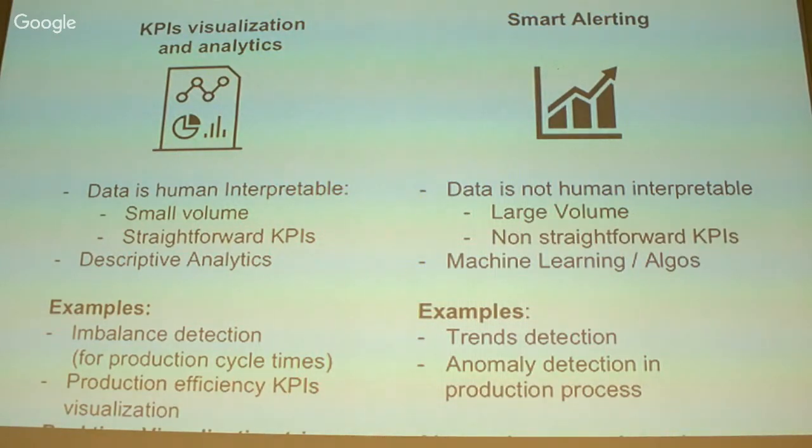So we need machine learning algorithms and more advanced analytics. The action is no longer triggered by the simple visualization, but by the machine learning algorithm itself. The visualization is still retained and is used to interpret the results that we're getting from the machine learning algorithms.